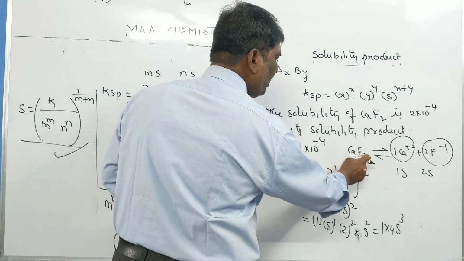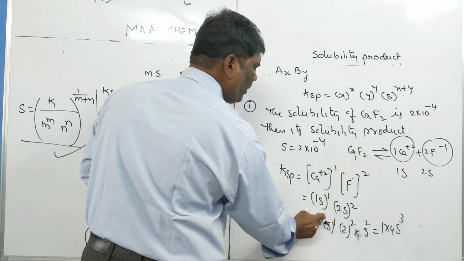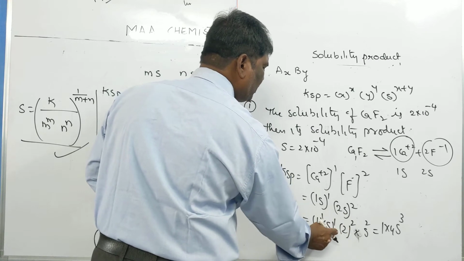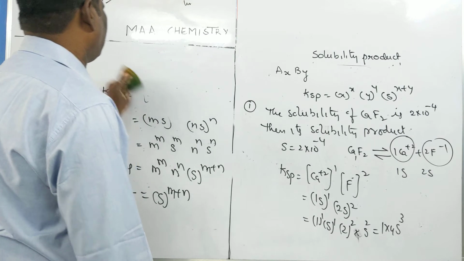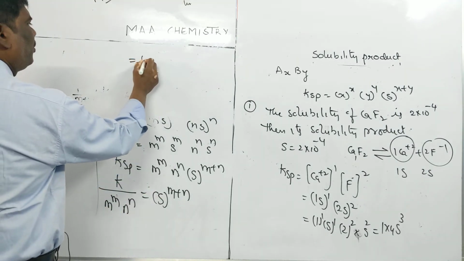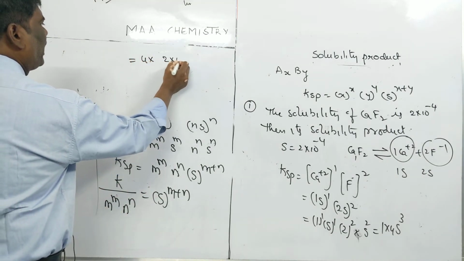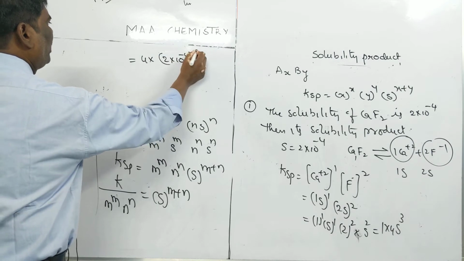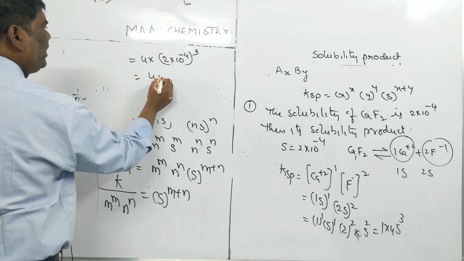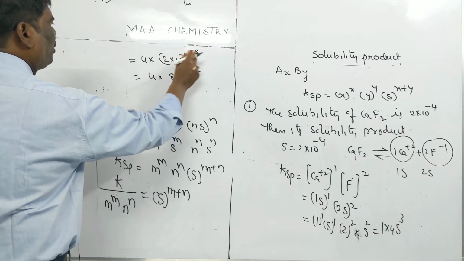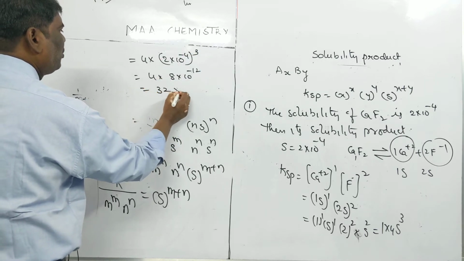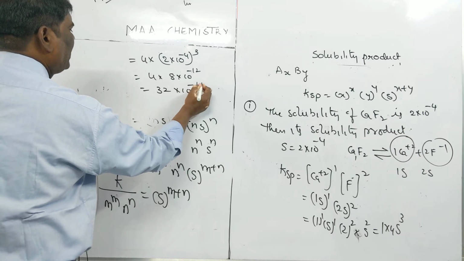For A1B2, what is the formula? 1¹ 2² S^(x+y), that is S^(1+2), S³. Substituting, 4 × (2 × 10⁻⁴)³. Simplifying, 4 × 8 × 10⁻¹², since 2³ is 8, so 32 × 10⁻¹².